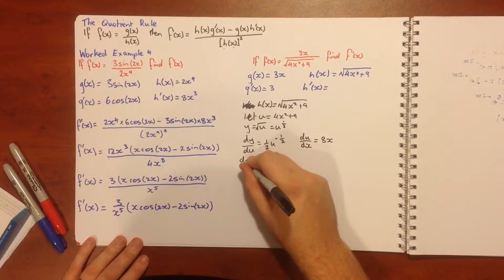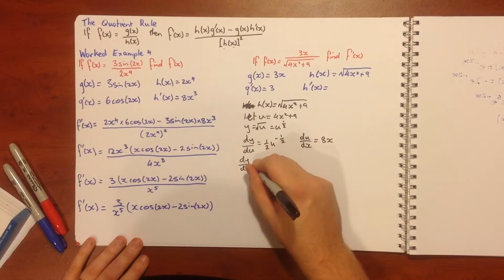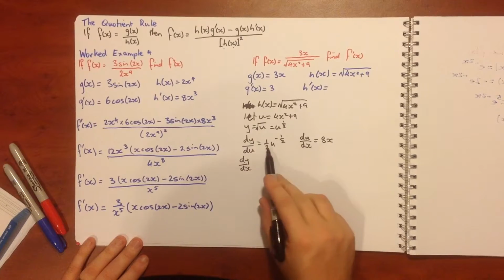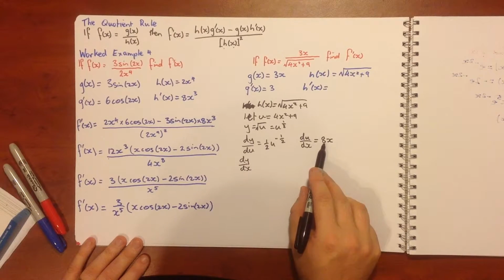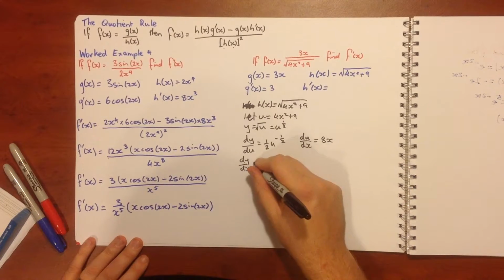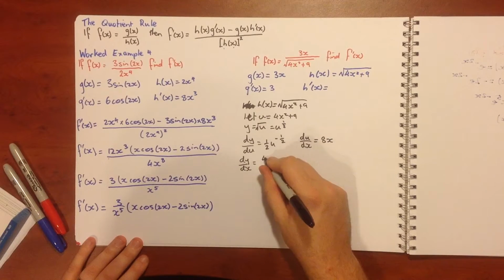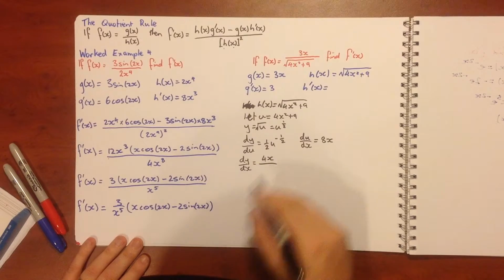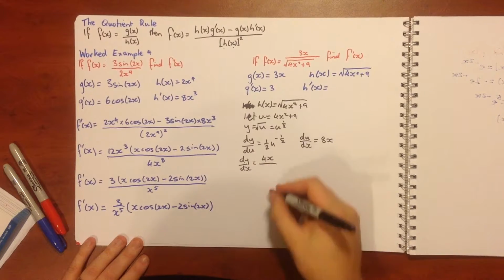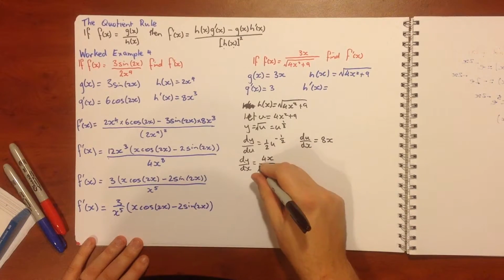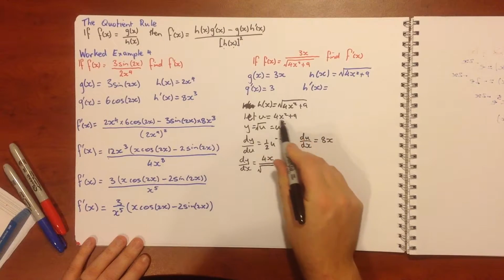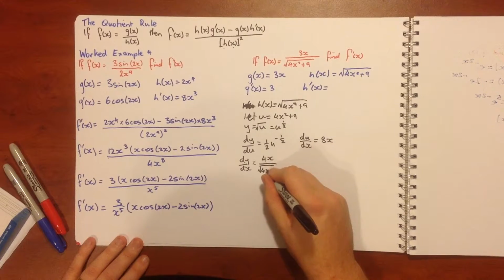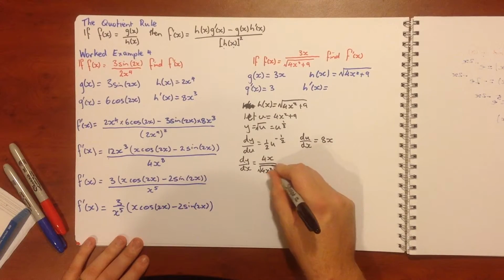So our dy dx is a half times 8, which we know is 4. So we're going to have 4x over, because we've got u to the power of negative half, the square root of u, which was all this part, so 4x squared plus 9.